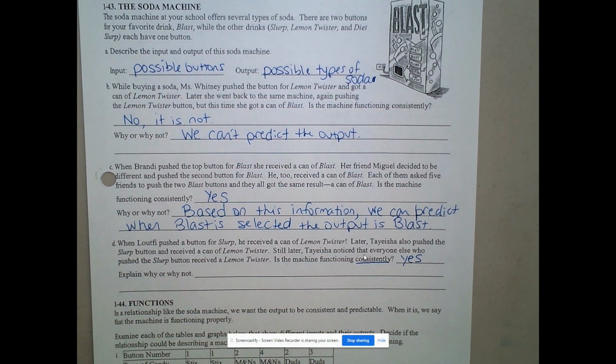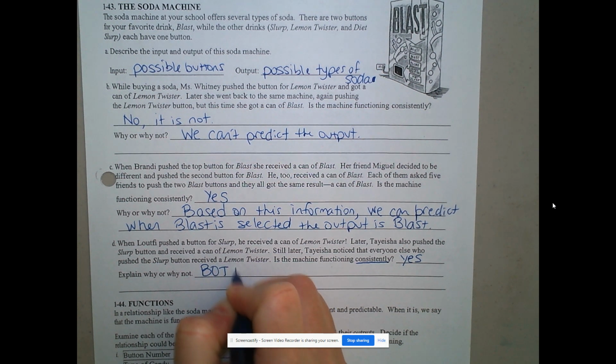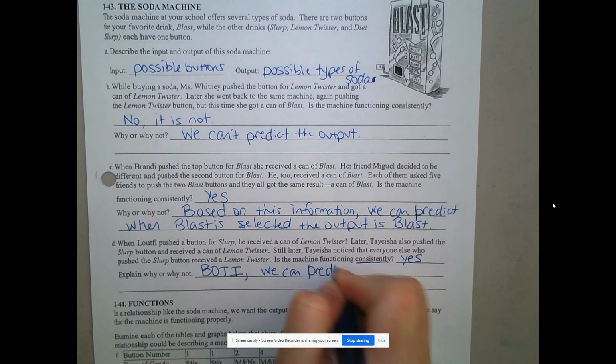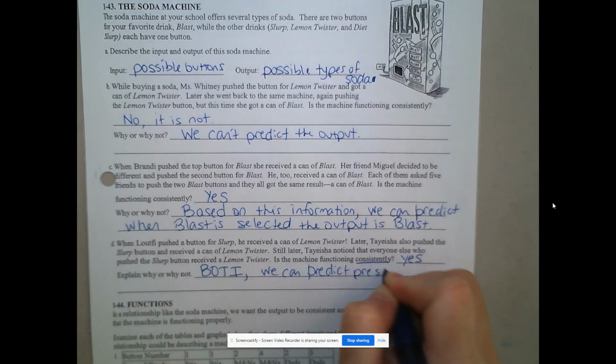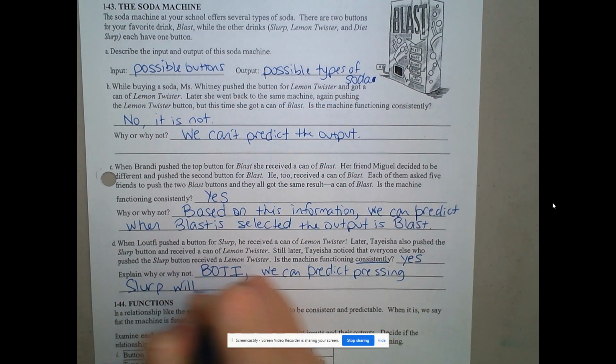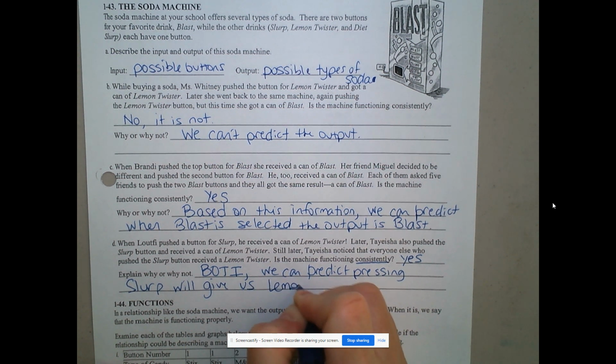No. But is it functioning consistently? Yes. Why? Based on this information, we can predict pressing Slurp will give us Lemon Twister.